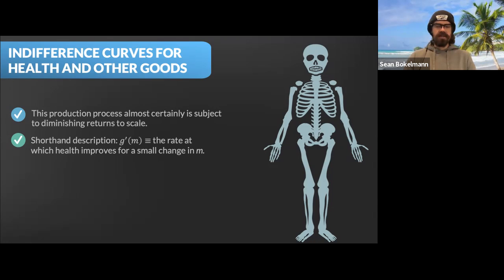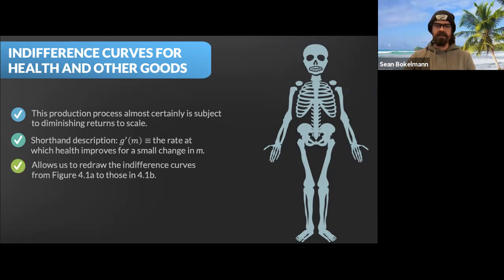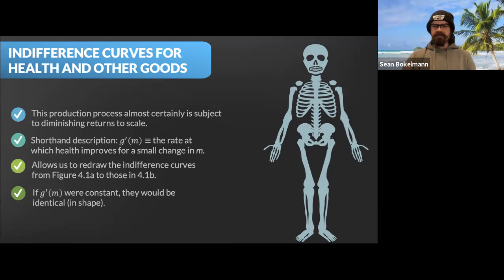This relationship between health and medical care is what allows us to translate indifference curves in the health and consumption space to the medical care and consumption space. You'll see what I mean in a minute when we look at these figures. Now, if the marginal productivity of medical care were constant, then both of these charts would be identical, or at least the indifference curves would be identical.